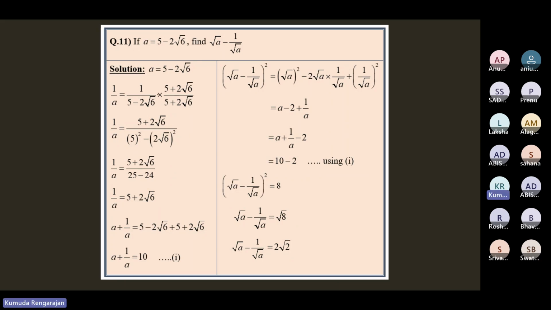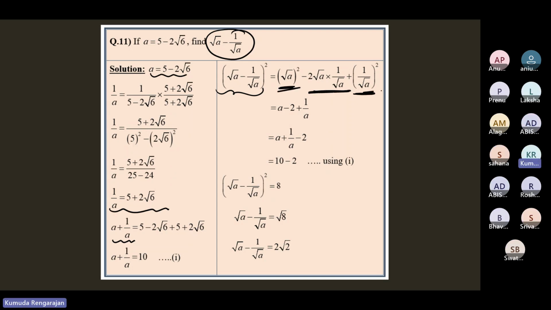So the procedure is, we have A, we must find 1 by A. Then we must find A plus 1 by A. Have that result. Then whatever is to be found, write that and square it. So this is of the form A minus B the whole square, which is A square plus B square minus 2AB.